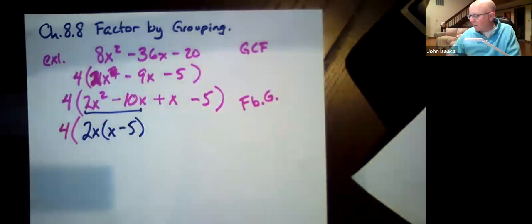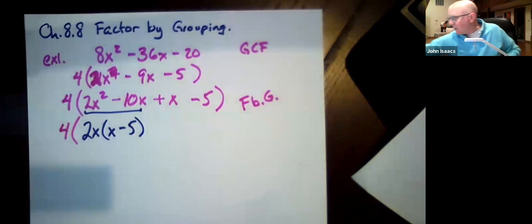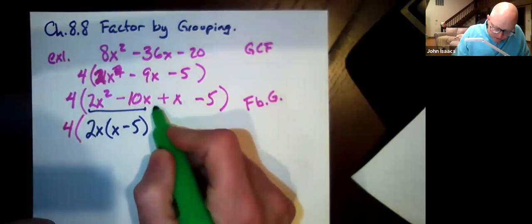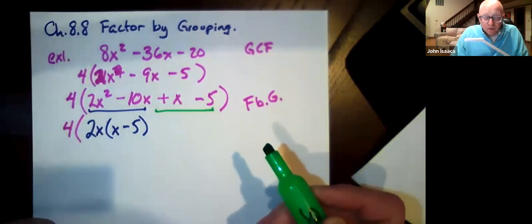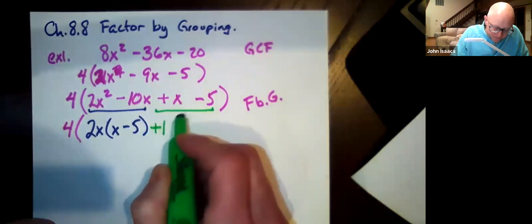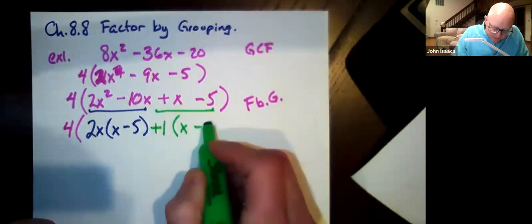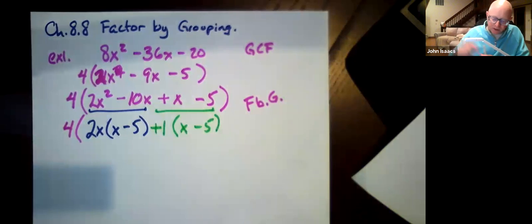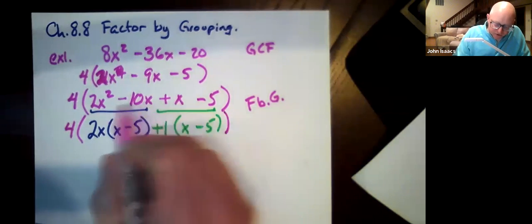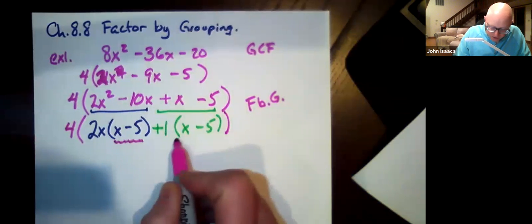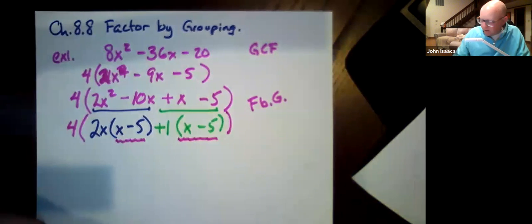All right. And let's see. Then here we have to take a greatest common factor out of the second two terms. Well, there is no greatest common factor. So we just take a greatest common factor out of 1 times x minus 5. Now, the key thing with factor by grouping is when we factor these two things, we need to come out with a greatest common factor between these two terms that we wind up with.